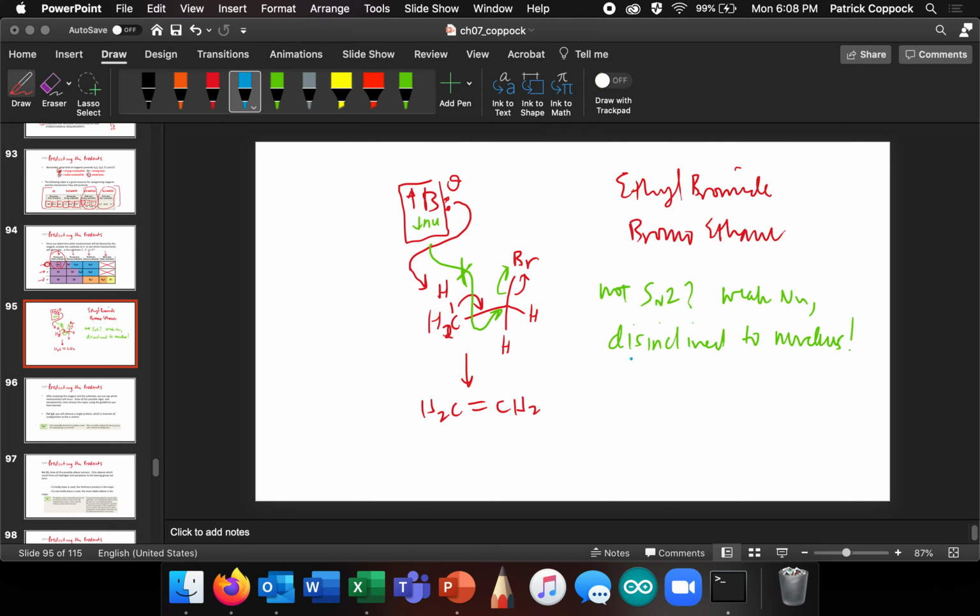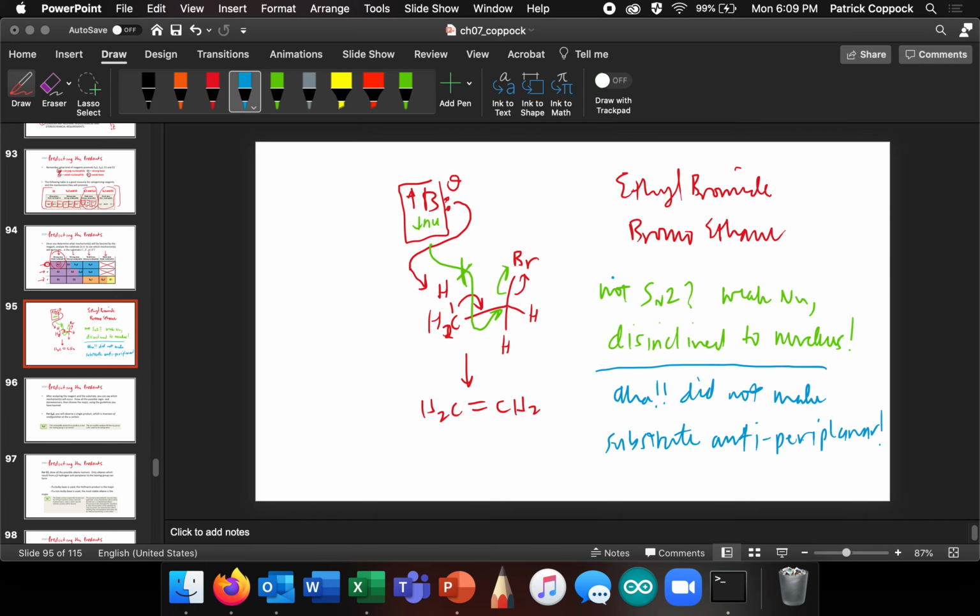Now, I might also make a couple of notes here. I might go look back in my notes and say, what's going on here? Did I obey all my rules? And I would go, aha, did not make substrate anti-periplanar, right?